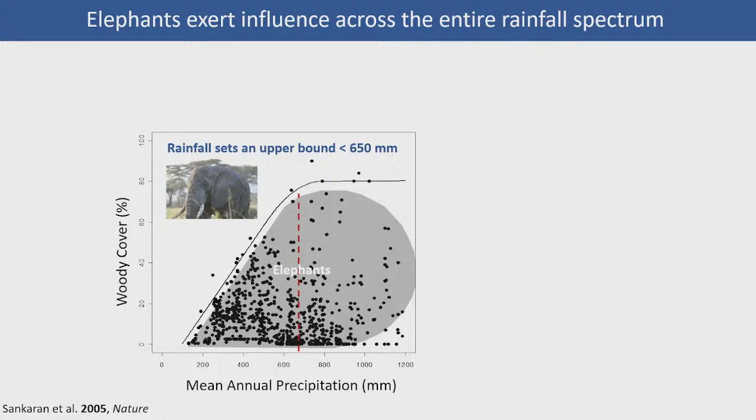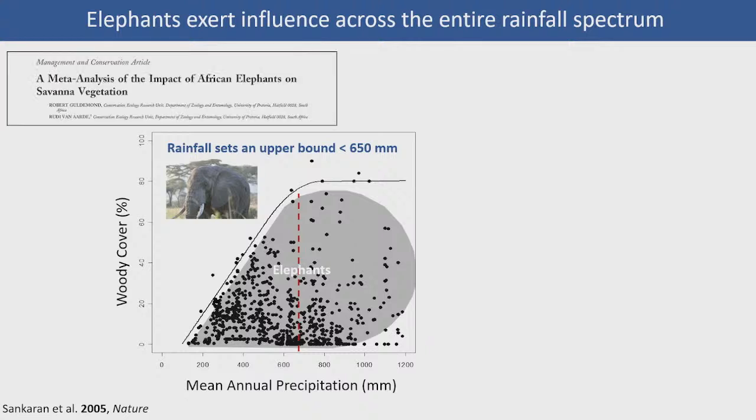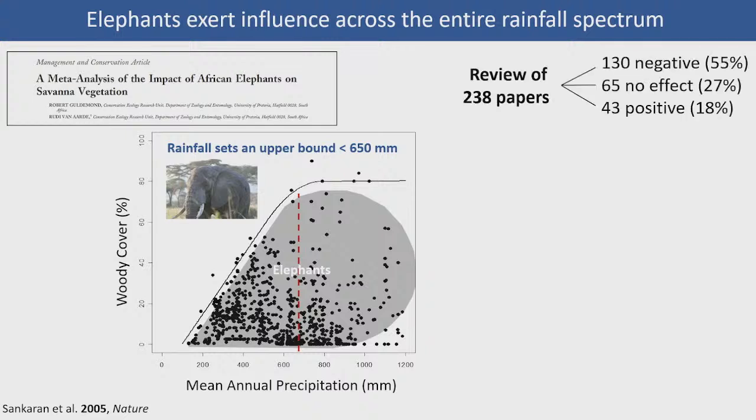Now, there's been some excellent work done on this, some really nice meta-analysis of elephant impacts across African savannas. This one in particular reviewed 238 different papers and showed that 130 of these studies showed negative impacts of elephants, 65 had no effect of elephants, and 43 actually had positive effects of elephants on woody cover.